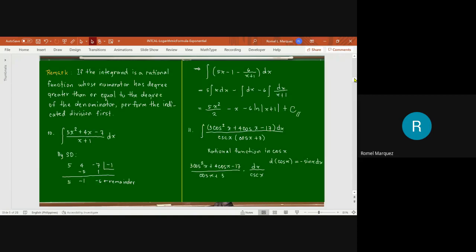I'll start, you finish. Pretend you're Fernando Jr. So, 3 cosine squared x plus 4 cosine x minus 17 all over cosine x plus 3 times sine x dx. Oh, what are the coefficients? 3, 4, negative 17. Is my copy correct?